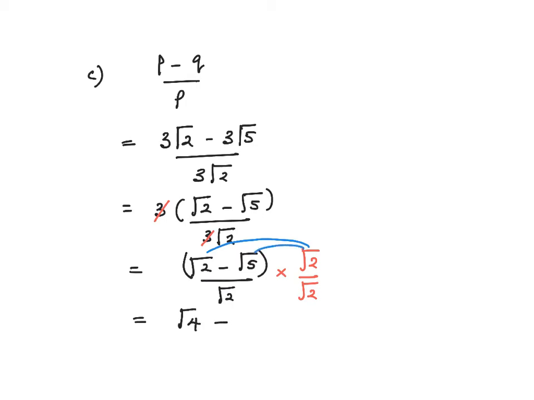Root 2 times root 5 is root 10. And root 2 times root 2 is root 4. We know that the square root of 4 is 2. And there's our final answer.